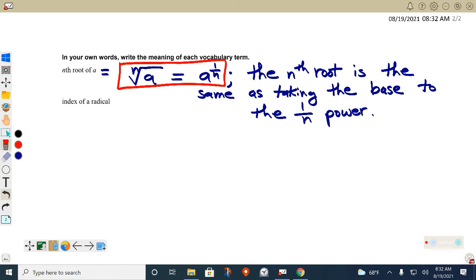This symbol right here that we call square root, I just went over a little while ago. Another way to say that is radical. It's just another word for square root.